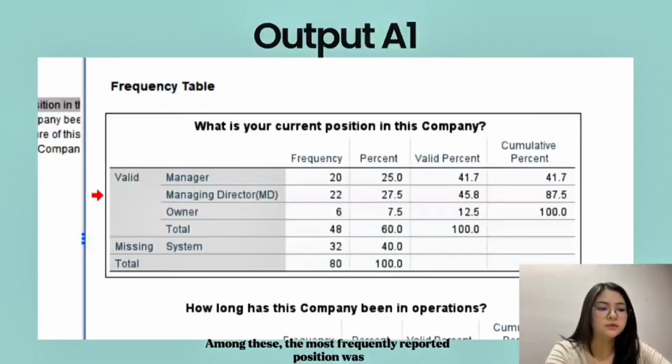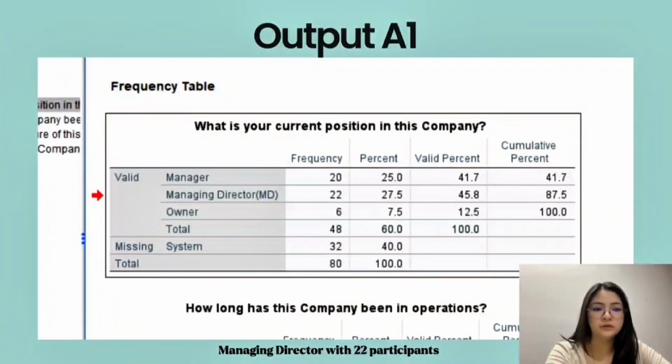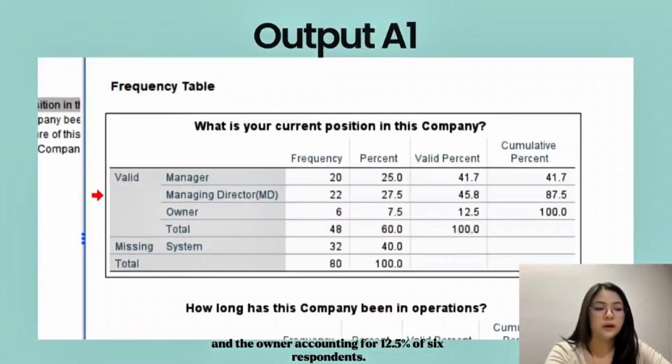Among these, the most frequently reported position was Managing Director, with 22 participants representing 45.8% of valid answers. This was followed by Manager, 41.7%, representing 20 respondents, and the Owner, accounting for 12.5%, or 6 respondents. The mode being Managing Director indicates that this is the most common role among the participants.